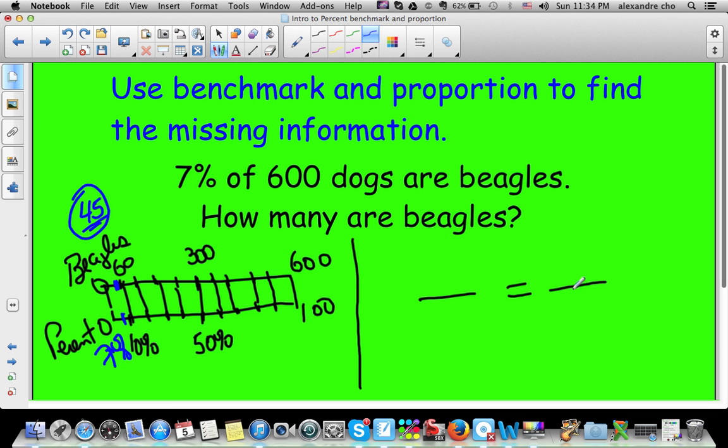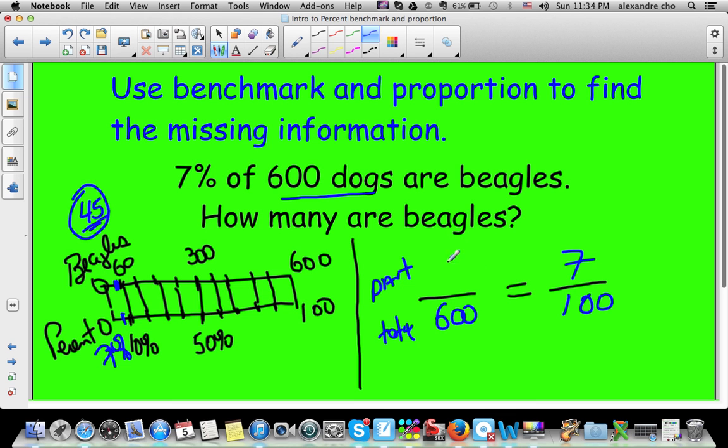Well, let's see if we're right. On the other side, this is where we start off. The information is given to us as 7%. They give me the percent, so the percent 7 goes on top here. And we have, again, part over total. Next piece of information I have is that there are 600 dogs. Is that the total or the part? That's the total number of dogs.